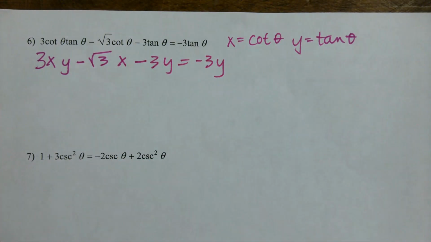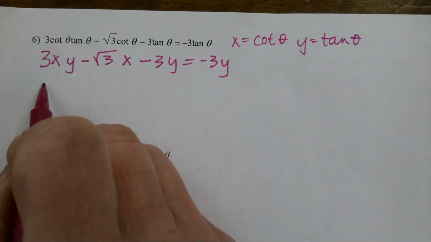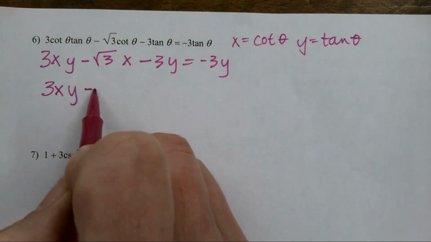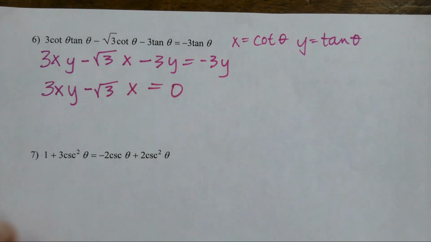And now when I have two variables, what I like to do is get everything equal to 0. This would be 3xy minus the square root of 3x equals 0 when I solve. Factor out the x.